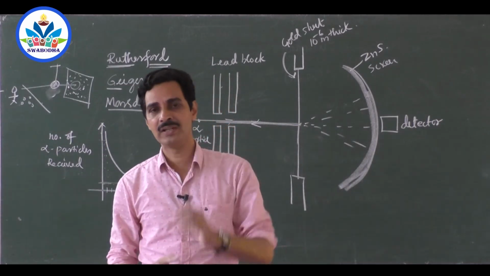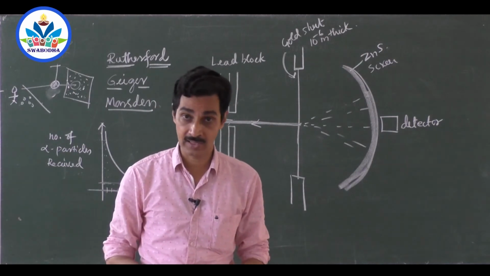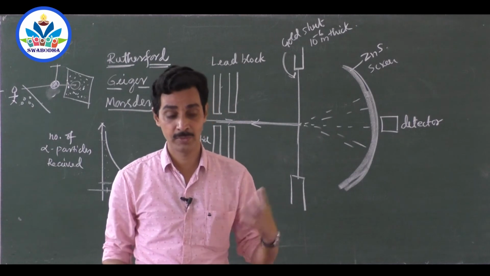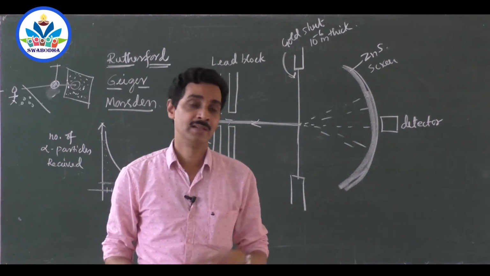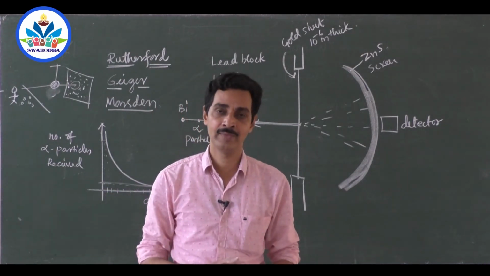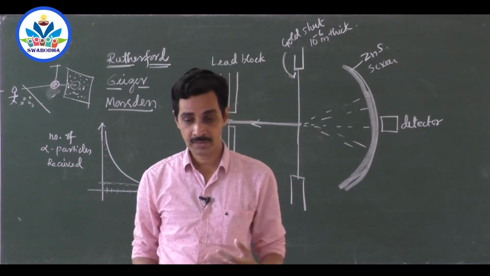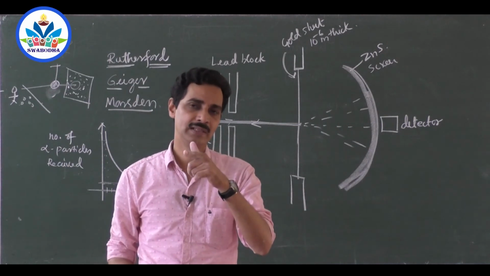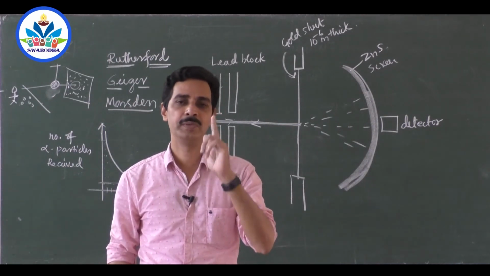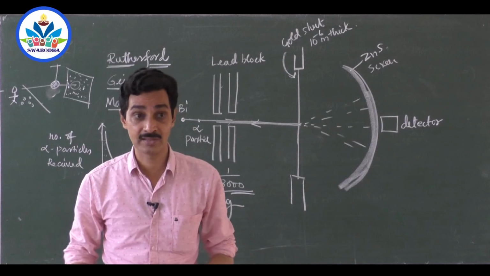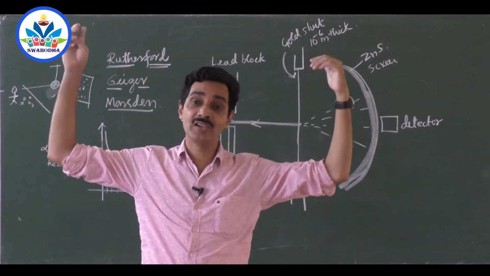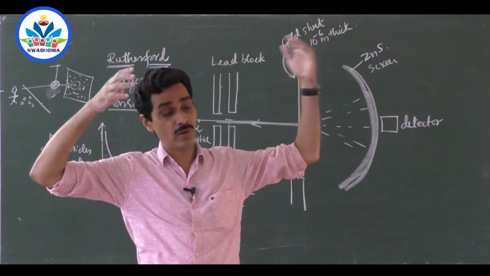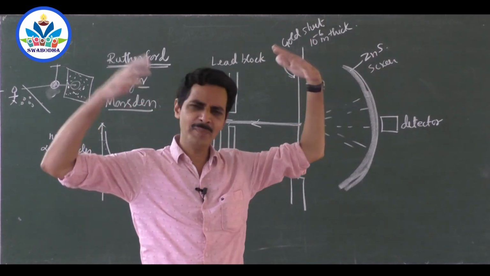And he thought of it like this: atom may be larger because the size of the atom was given in the kinetic theory of gases. It was about 10 to the power minus 10 meters, 10 to the power minus 11 meters, like this. The size of the atom is larger. That means in the atom, he concluded that most of the space must be empty, as in the solar system. Our solar system is so large, it starts from Sun, it goes up to Neptune, Pluto, and even after that some asteroids or something, right?